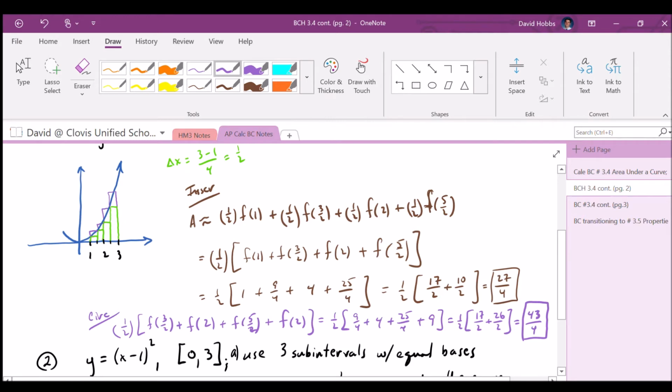Obviously there's some difference between these two numbers. Remember, inscribed is going to be an under representation and circumscribed is going to be an over representation. A pretty good approximation would be to just average those two numbers. That's how you could do it.